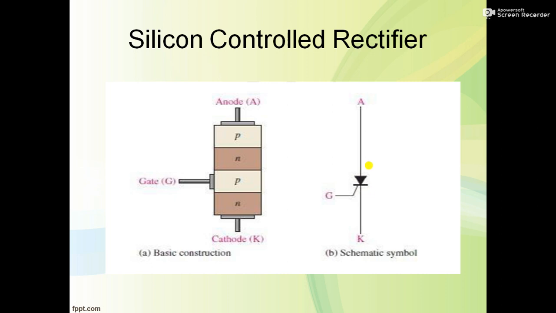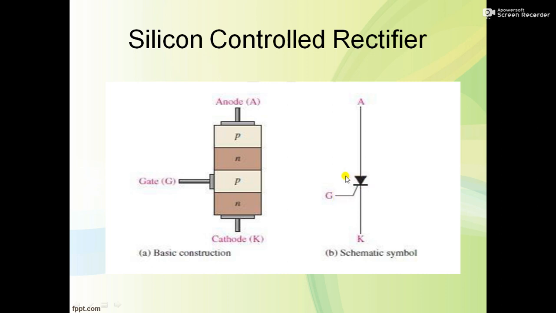To turn it on, a current has to be passed through the gate terminal, denoted as IGT, so it is called a current operated device.